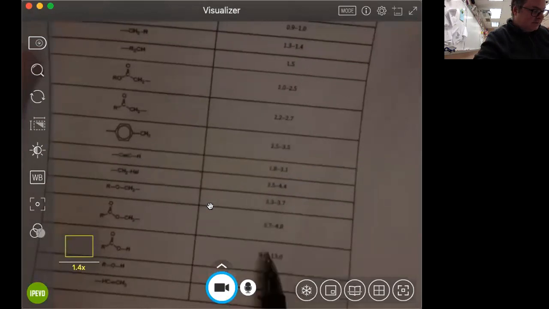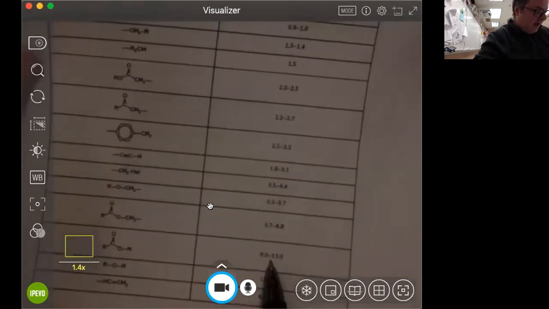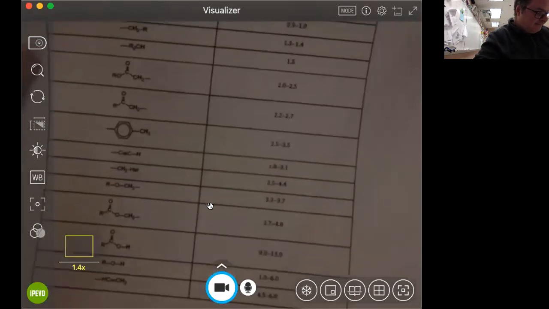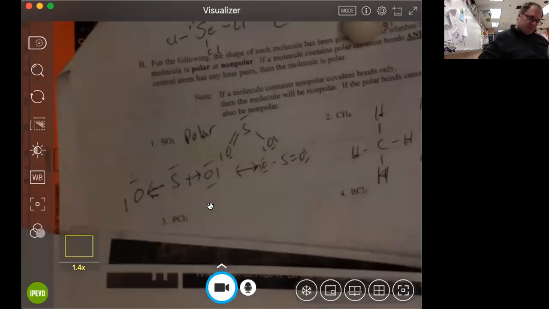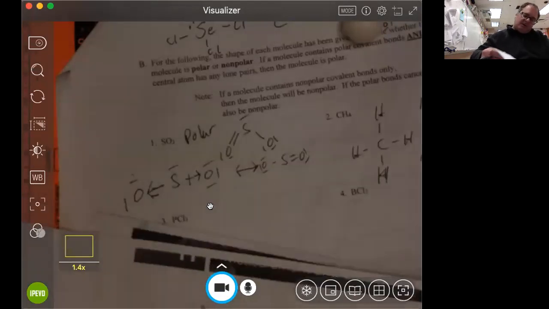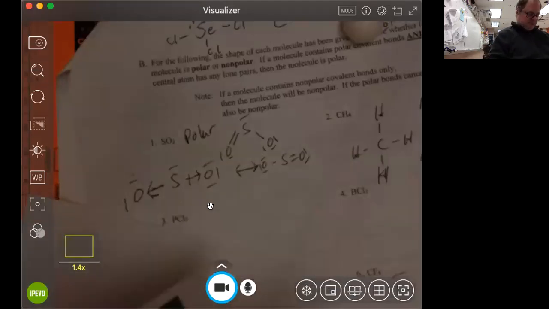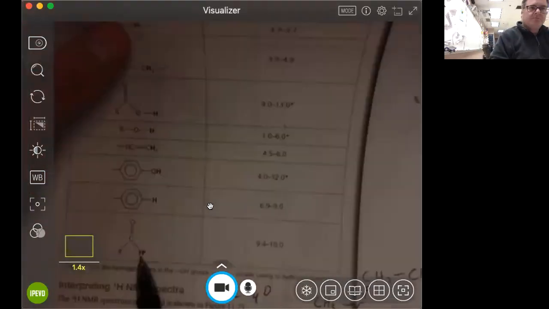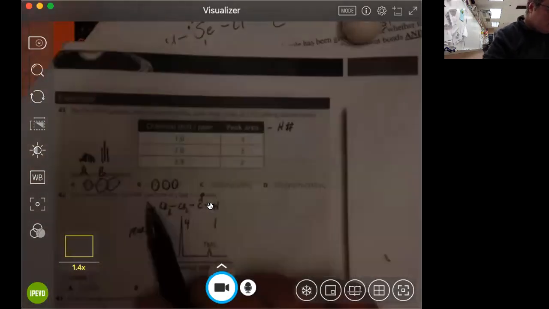It's high. I don't see it for some reason though. Is it on the other one? Ah, here it is. 9.4 to 10. So we don't have anything in that range, so it can't be that guy either.